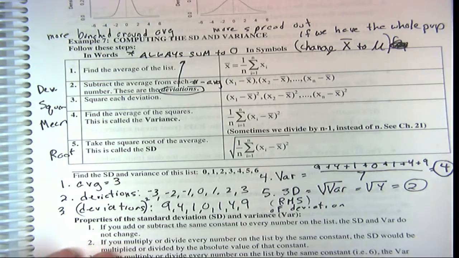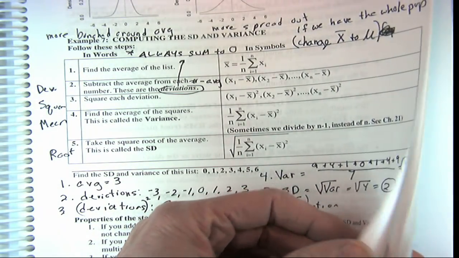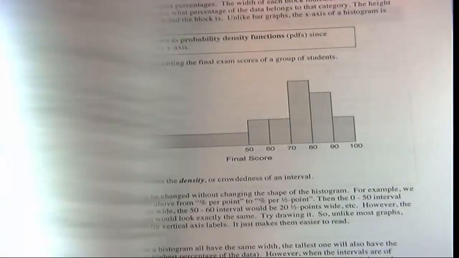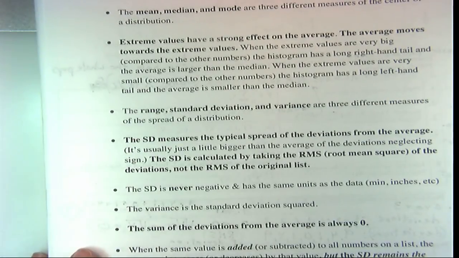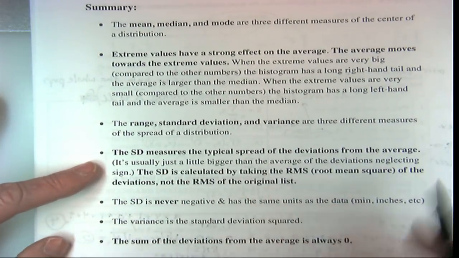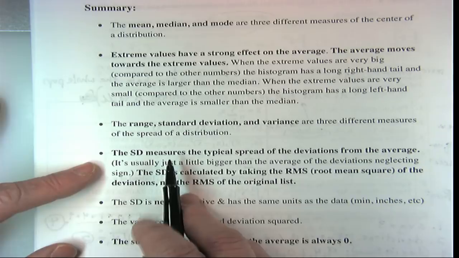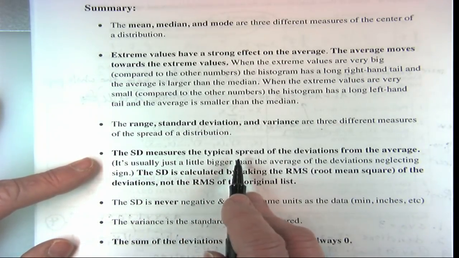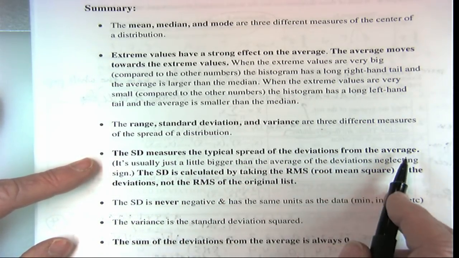Okay? Too many words. If we look to our summary, I think I say that back here. So you have another place to find that, because it's used a lot. On page 18, the standard deviation measures the typical spread of the deviations from the average.